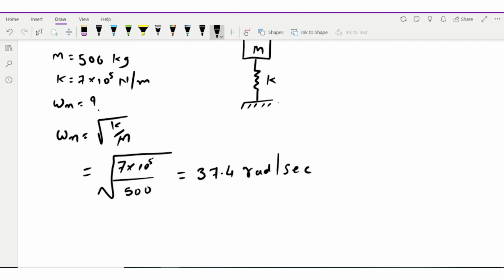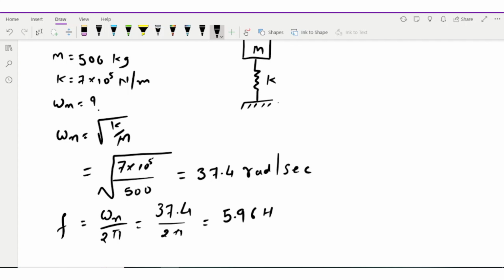If you want to find the natural frequency in hertz, this is the angular natural frequency, and to find it in hertz, f is equal to omega n divided by 2 pi. So just divide this answer by 2 pi, and it straightaway gives the frequency in hertz, which is 5.96 hertz.